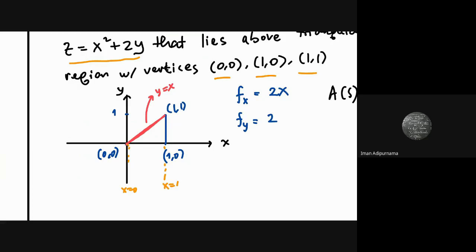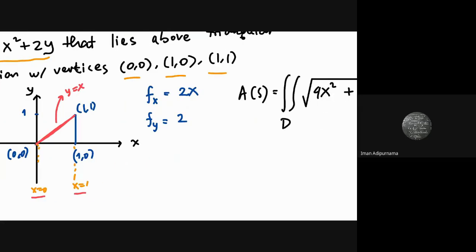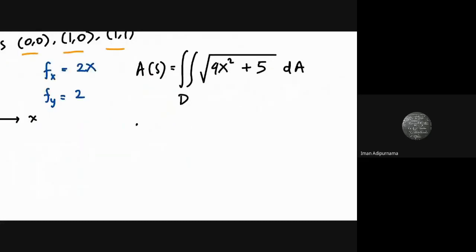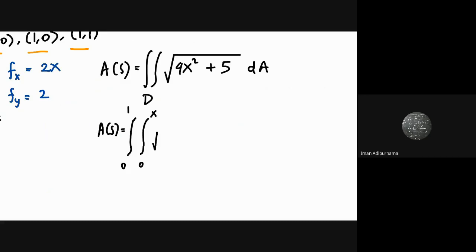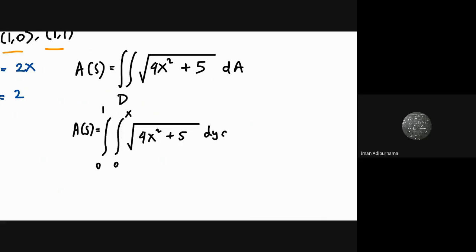So if we make x a constant, 0 to 1, it should be dy dx. And the second one is y, so y equals 0 to y equals x. Okay? And then the integrand is the square root of 4x squared plus 5, and then dy and dx.